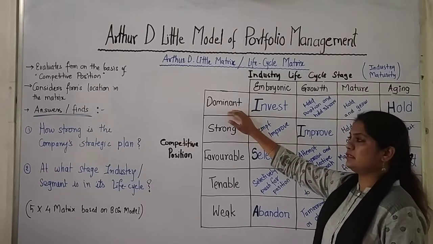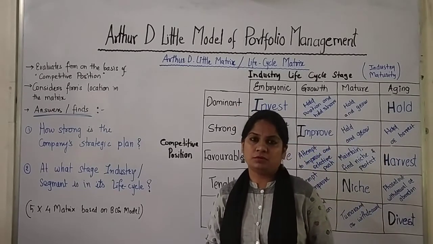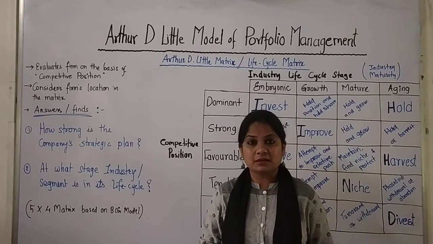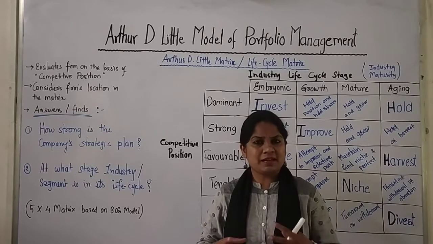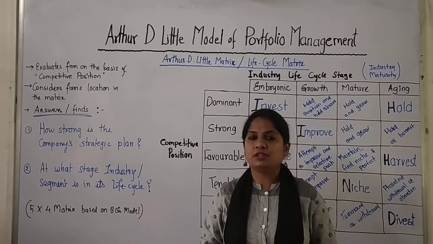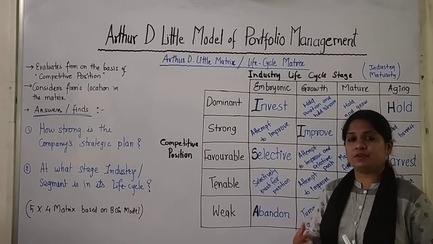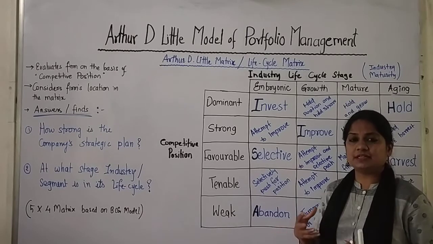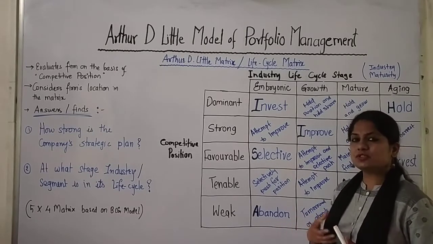Let's discuss first the dominant position. The dominant position is more about a monopolistic situation where there is hardly any competition, the organization has full control and the industry has very few competitors and it can demand its own price. So this is dominant.